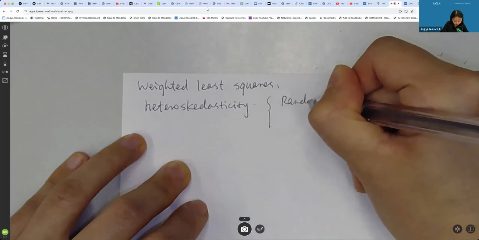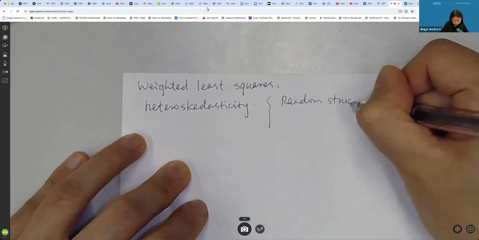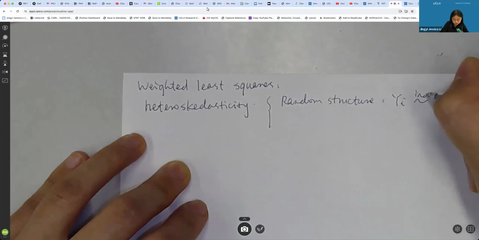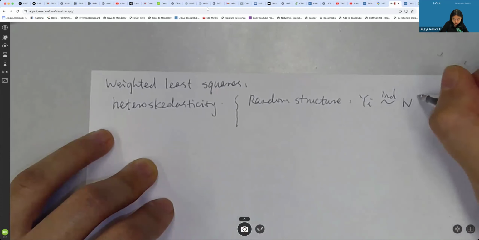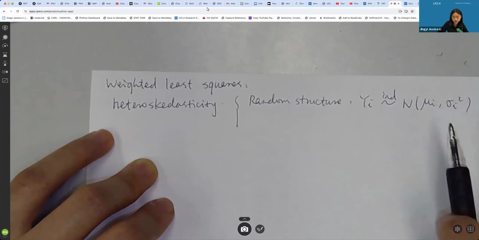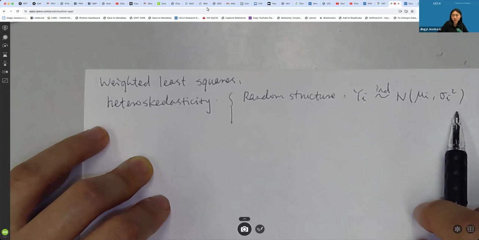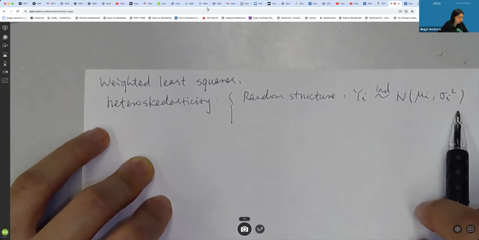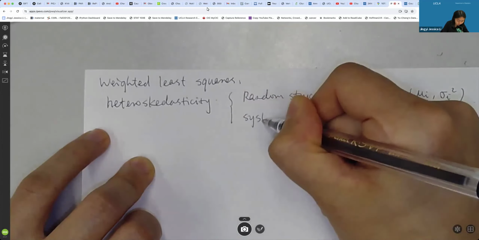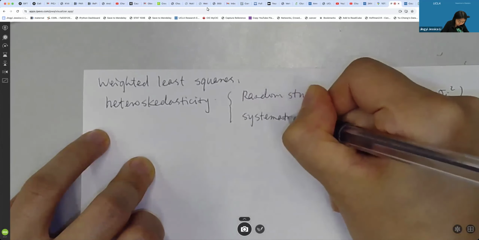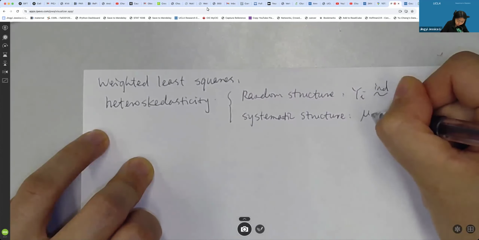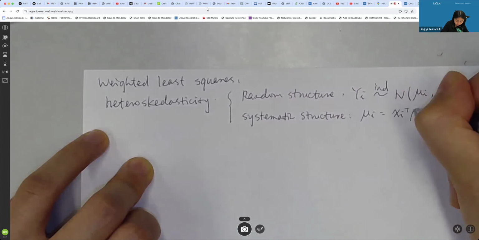I like this formulation because it makes things clear. The yi are still independent, normally distributed with mean mu i, but the variance is now specific to yi. So we have sigma i squared for yi. They're not all equal to sigma squared. And we still have the systematic structure as before: mu i equals xi transpose beta.